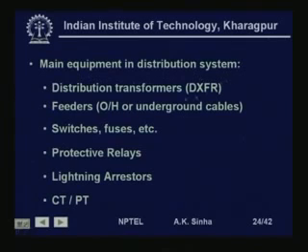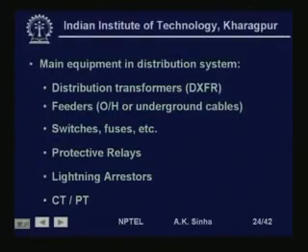The main equipment of a distribution system: once you have got the power at high or medium voltage, you step it down by means of distribution transformers, and then we have feeders, which are basically overhead or underground cables to carry this electrical energy up to the consumer premises.